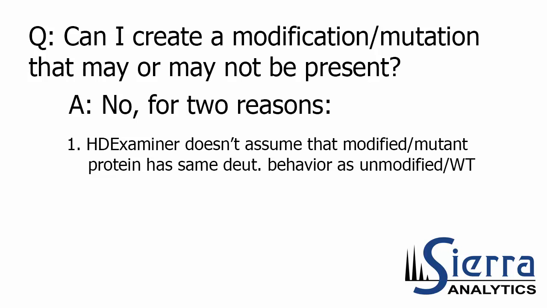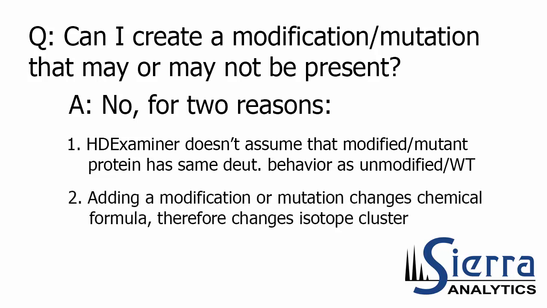The second reason is actually a much more practical one, which is that if you add a mutation or a modification to a peptide, you're changing that peptide's chemical formula, and therefore you're changing its isotope cluster.